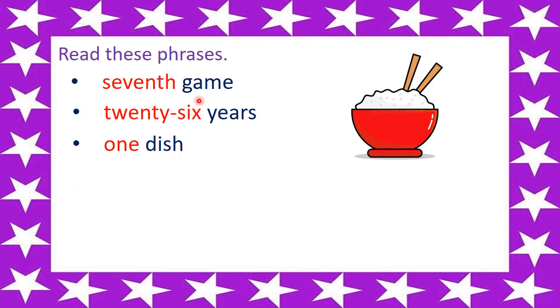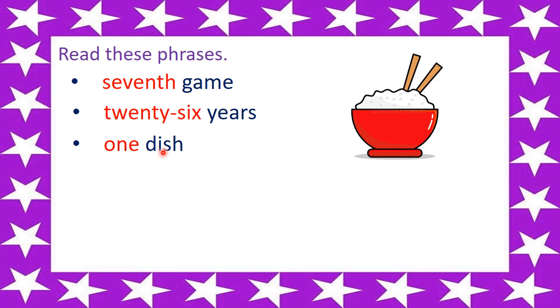Next, read these phrases. Seventh game. Next, 26 years. And next, one dish. So students, the highlighted adjectives describe the numbers of nouns.